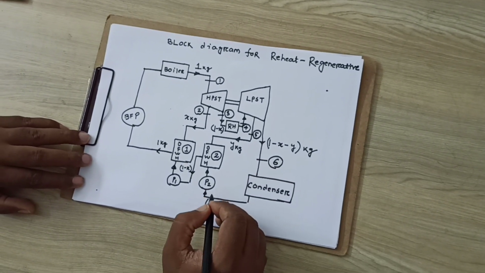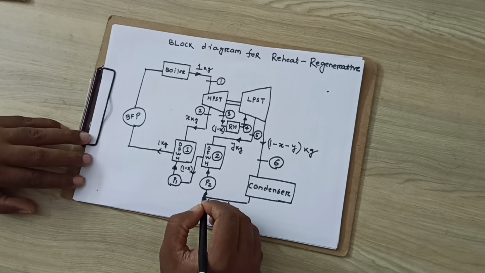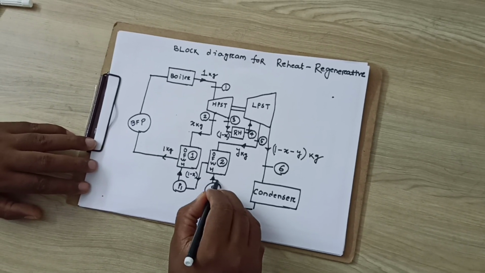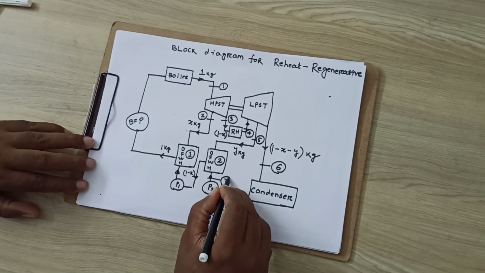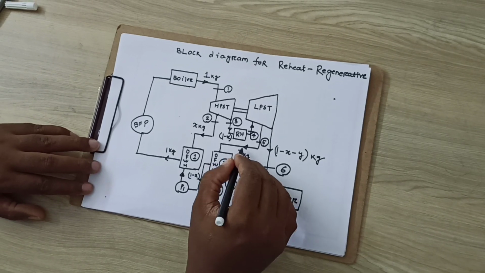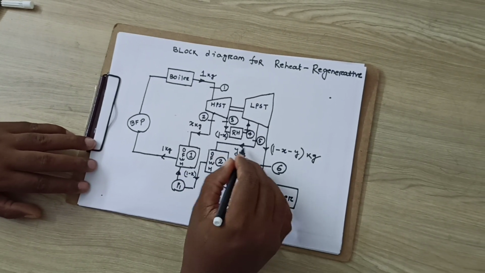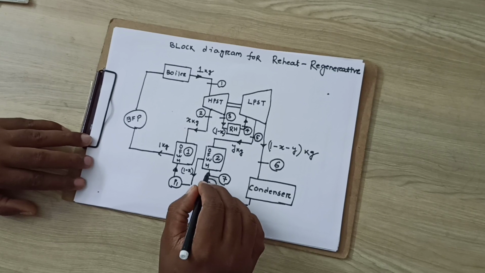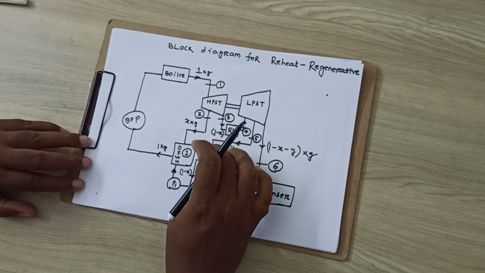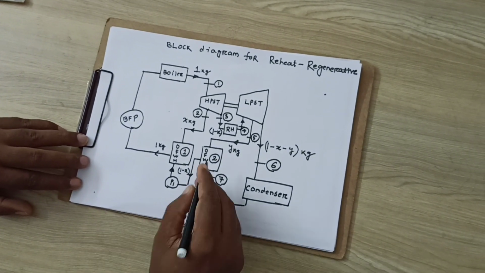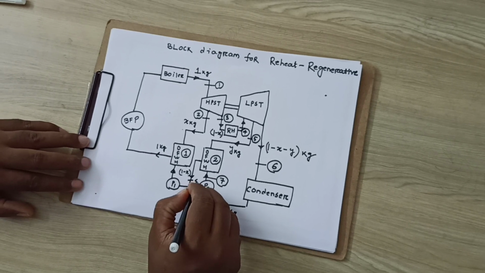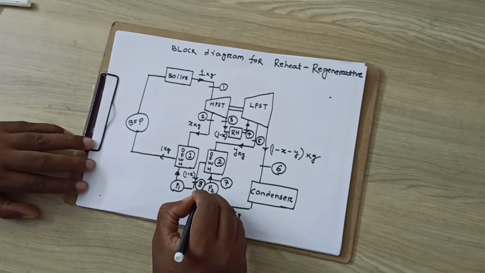This state point 6 is input to pump 2, where it will come out as state 7. Then state 7 and state 5 are both added. State 5 here and state 7 here. Adiabatic mixing takes place in OFWH2, and whatever comes out will be state point 8.